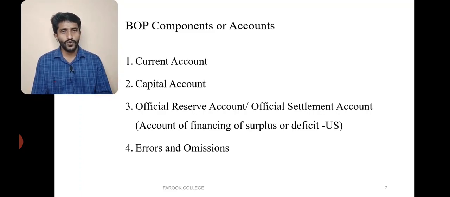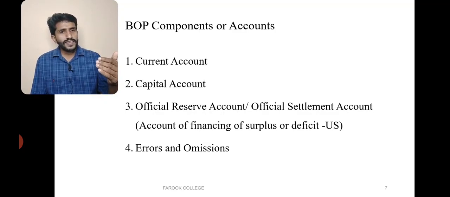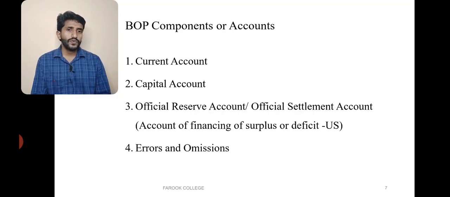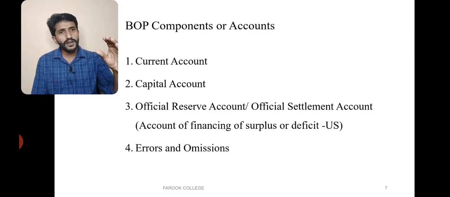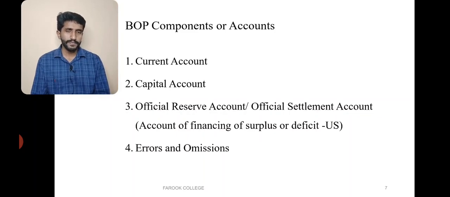Fourthly, it is not an account, but it is also part of balance of payment: errors and omissions. So these four are the components, or accounts, of balance of payment.